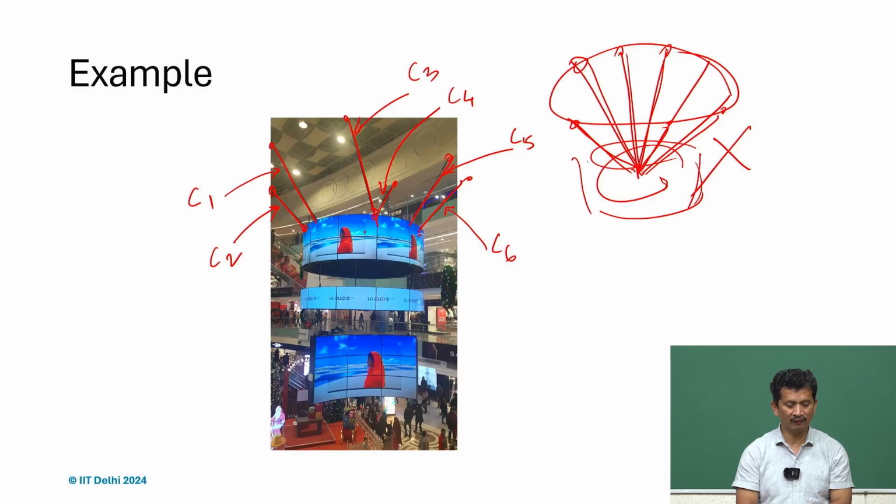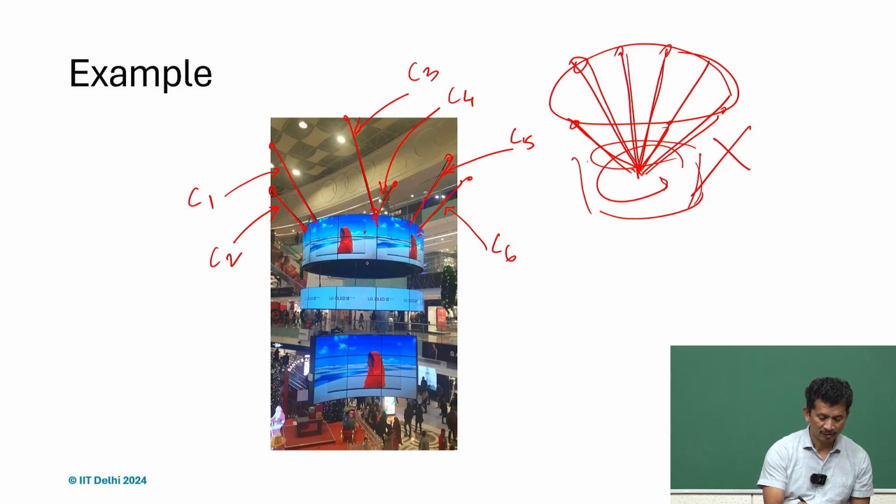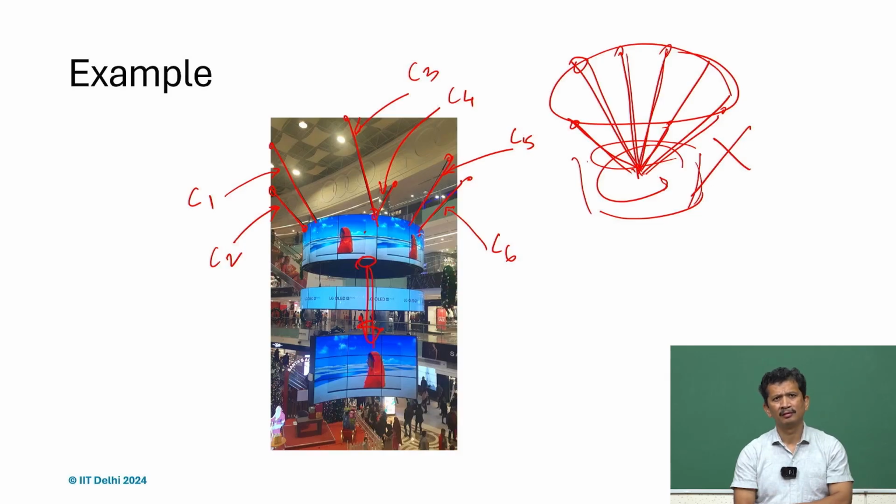So, it should be done differently, and I think it was nicely done, and the nesting force here is mainly the weight of the entire thing. So, it was there for many years. I am not sure why it was removed, because I do not see any problem in this design, but I do not see this screen anymore there.